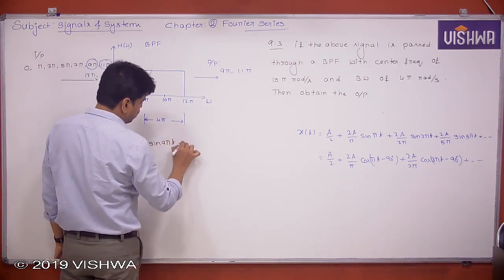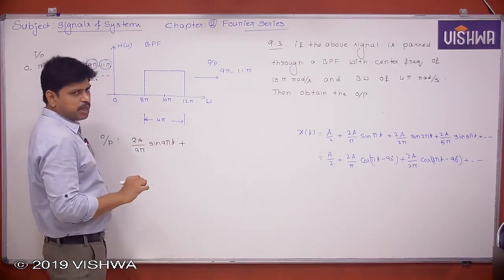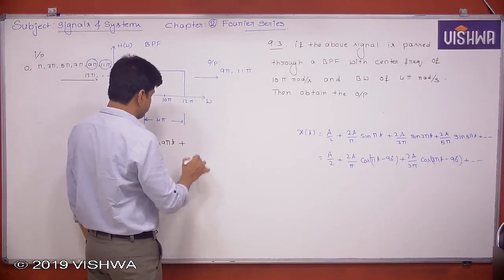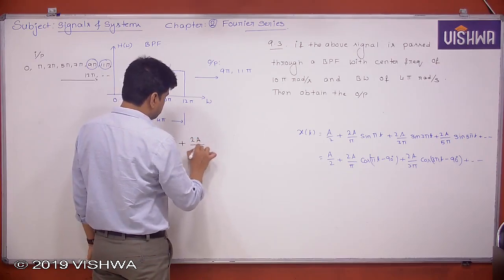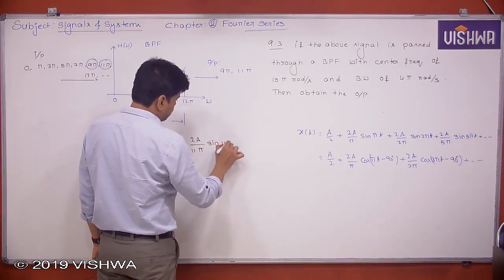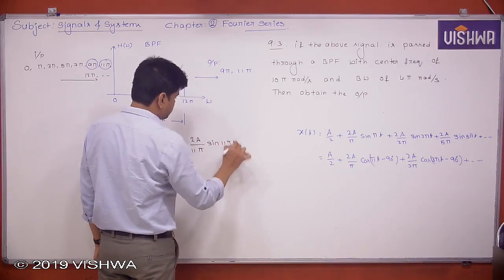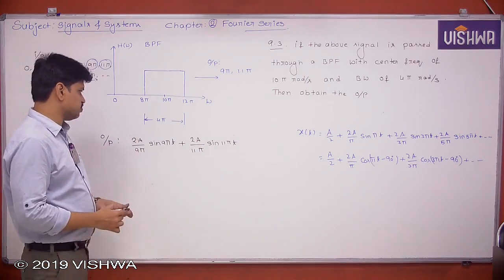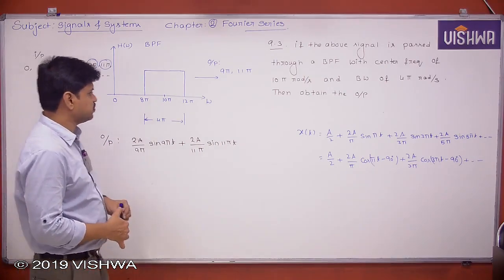This is the ninth harmonic component. 11 pi means 11th harmonic component, because omega naught is equal to pi: 2a by 11 pi sine 11 pi t. So this is the output we are going to get. Clear?